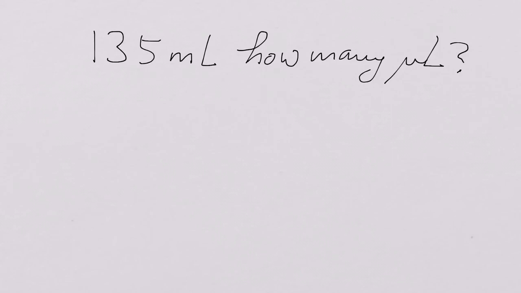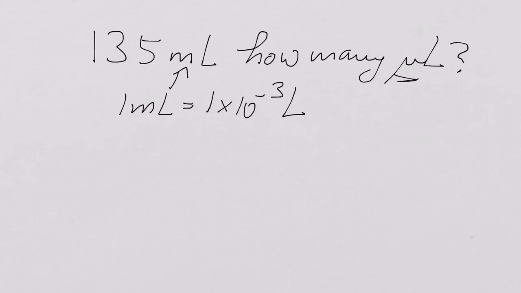We know that milli, what does that stand for? 10 to the minus 3. So 1 milliliter equals 1 times 10 to the minus 3 liter. Micro? Minus 6. 1 microliter equals 1 times 10 to the minus 6 liters.